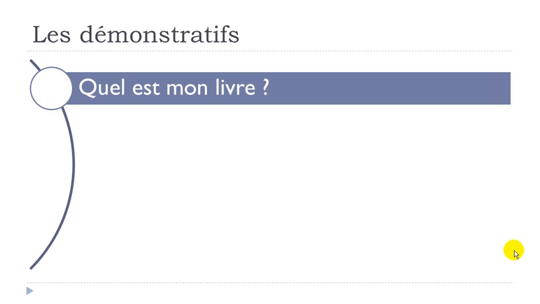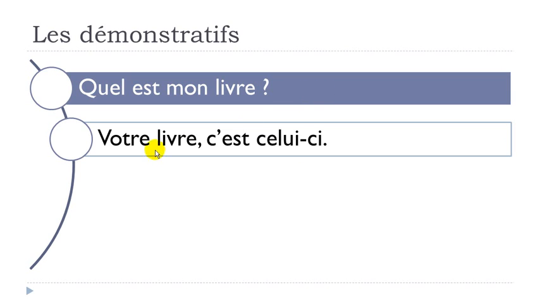All right. So let's see a few examples now. If you ask a question, quel est mon livre? Okay. What is my book, or which one is my book? All right, and then the answer could be votre livre, your book, c'est celui-ci, this one. Okay, votre livre, c'est celui-ci.